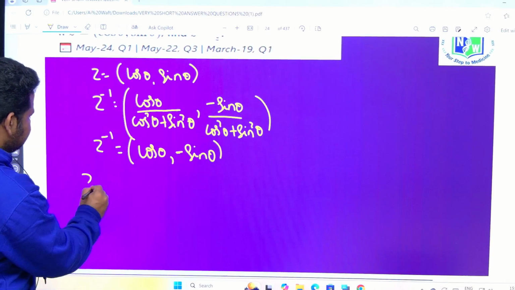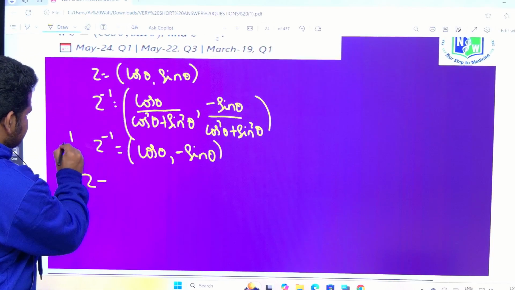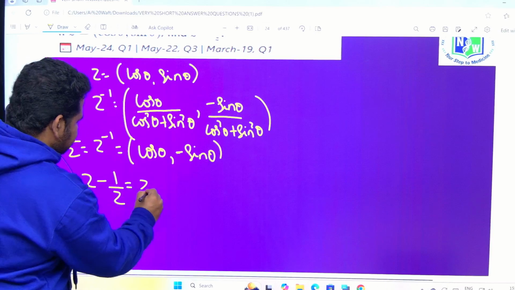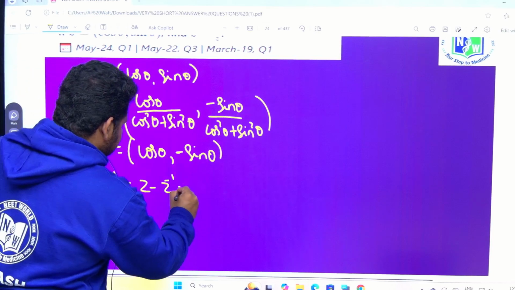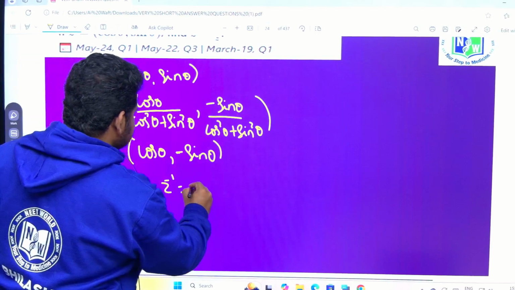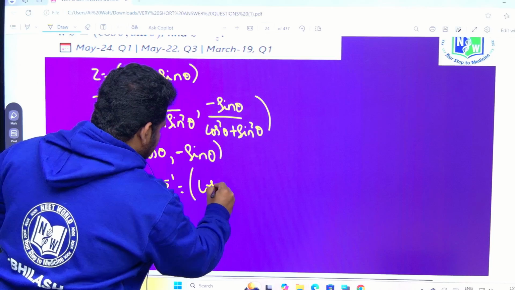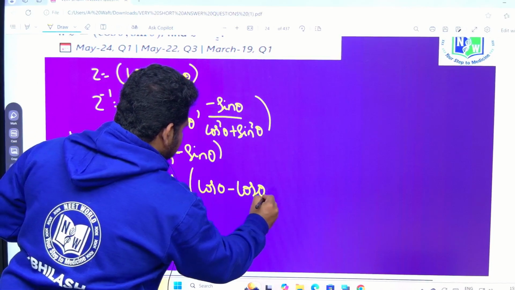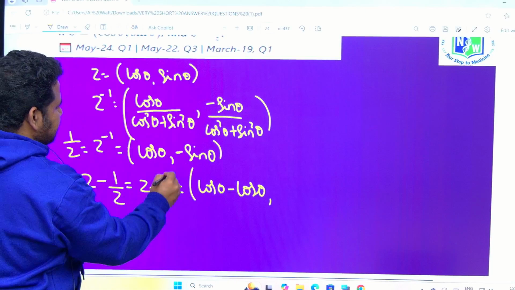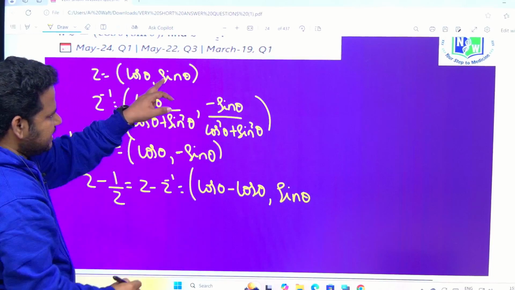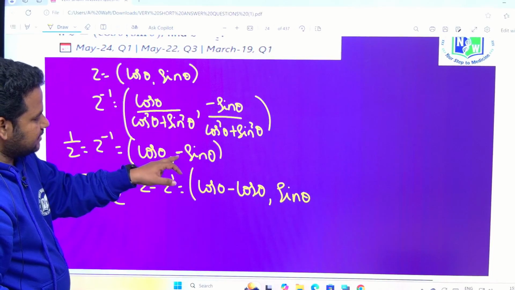That is, z minus z inverse will be equal to, what is it? Real part of z is cos theta minus cos theta. If you see the imaginary part, sin theta minus minus sin theta, but already minus is there.